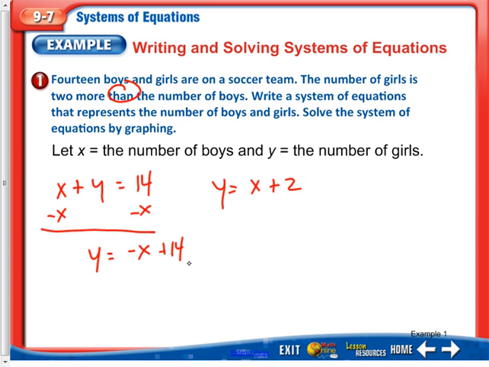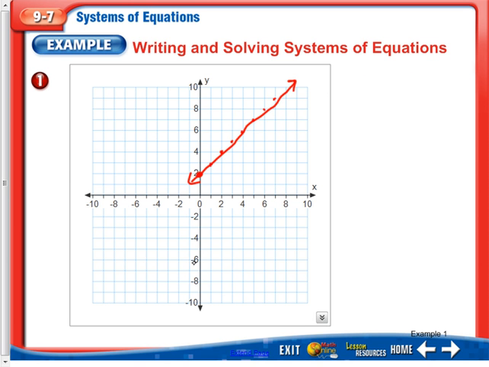So negative 4 plus 14 is 10. So that gets me right here. So 4 and 10. I hope that kind of makes sense. Because my y-axis doesn't go up to 14, I just plugged it in so I can get on my graph. Preferably, you should draw a graph that's big enough for your data. But anyways, this will make do.